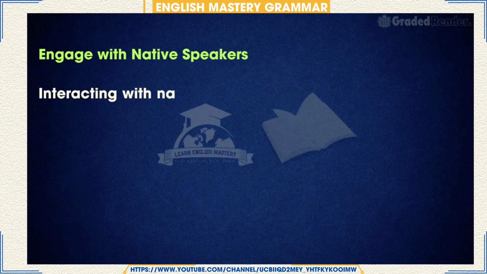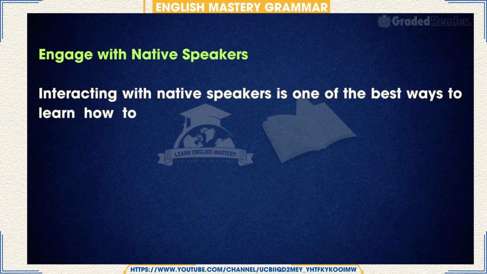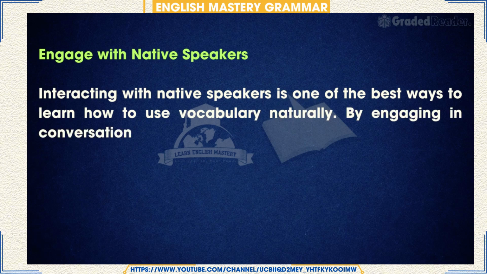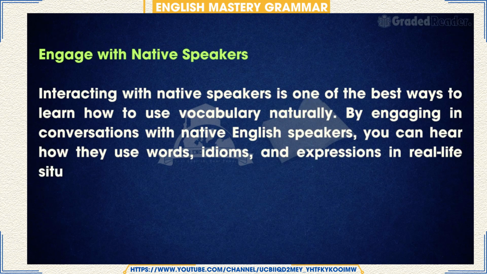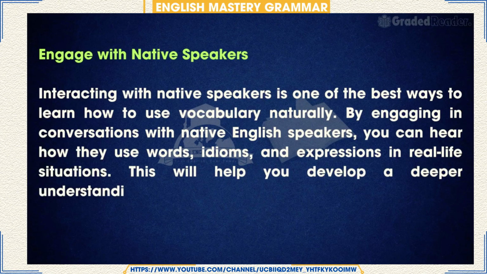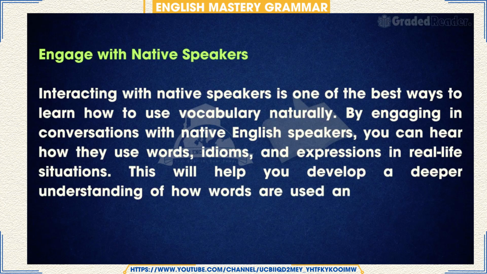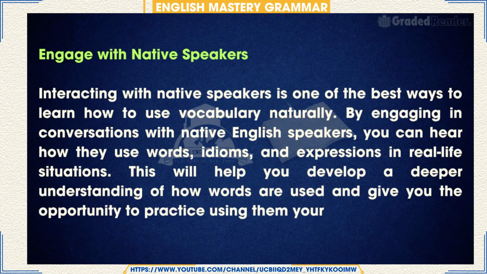Engage with native speakers. Interacting with native speakers is one of the best ways to learn how to use vocabulary naturally. By engaging in conversations with native English speakers, you can hear how they use words, idioms, and expressions in real-life situations. This will help you develop a deeper understanding of how words are used and give you the opportunity to practice using them yourself.